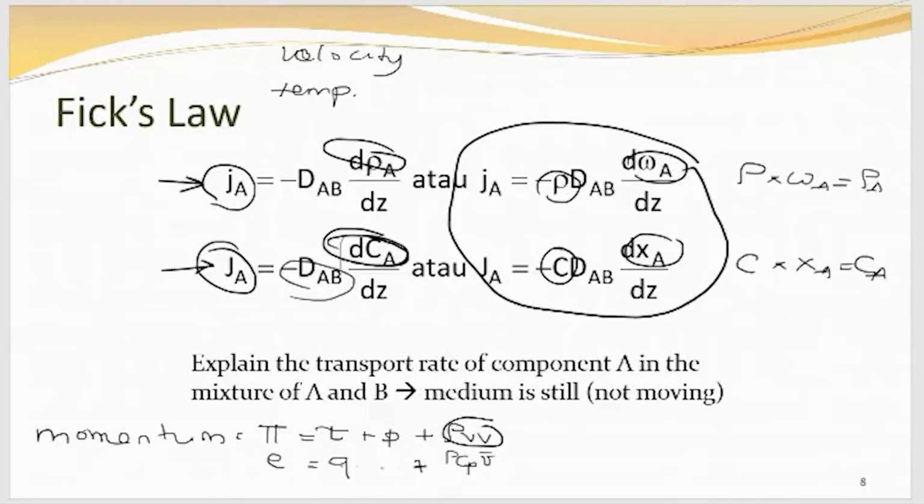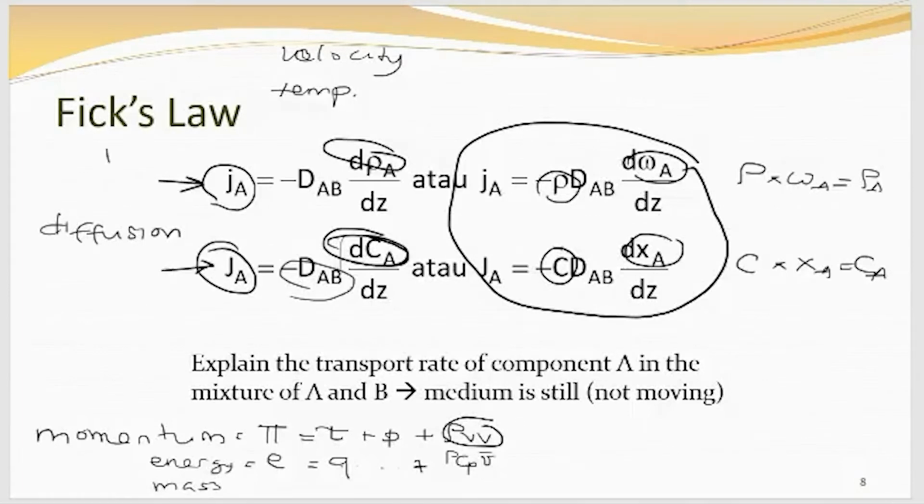And last for the mass. This is for the energy or heat, maybe just heat. And the last one is for the mass. Mass can also be transported by convective flow, so it's not only by the molecular flow. Fick's law only accounts for the molecular transfer. Molecular transfer of the mass is often called diffusion.